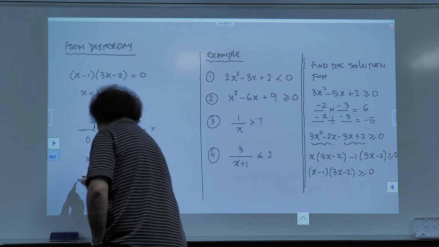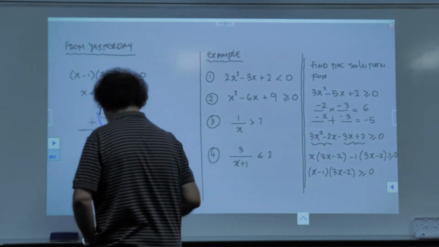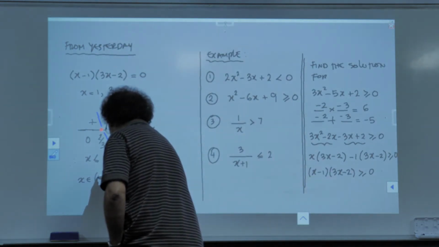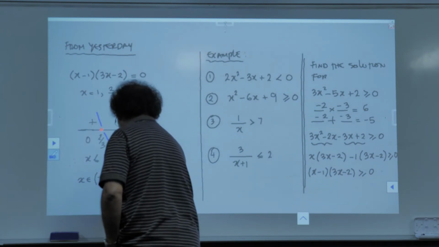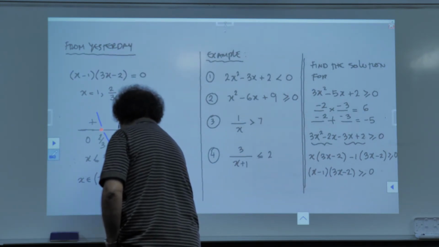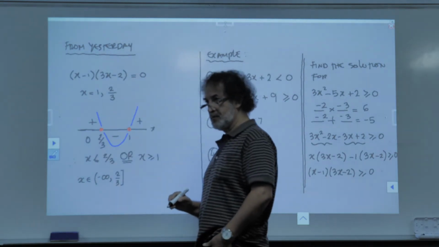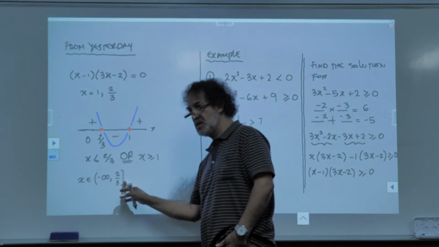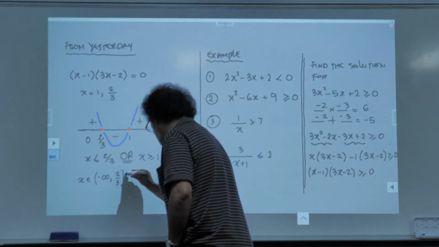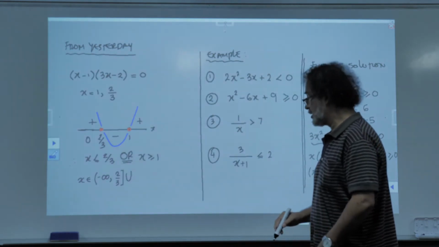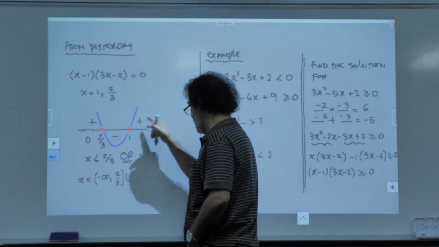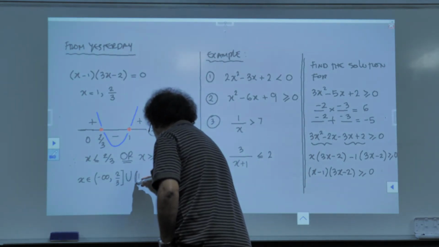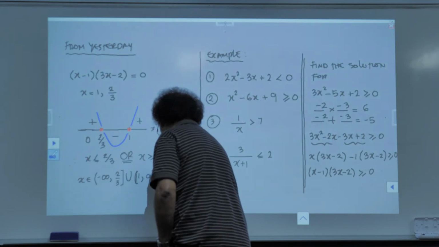Okay, so then we say that x is in this interval, negative infinity to 2/3. Okay, so the left hand side can be described like this, but then we use this symbol, union, to put this together with the other side, and the other side is going to be from 1 to positive infinity.